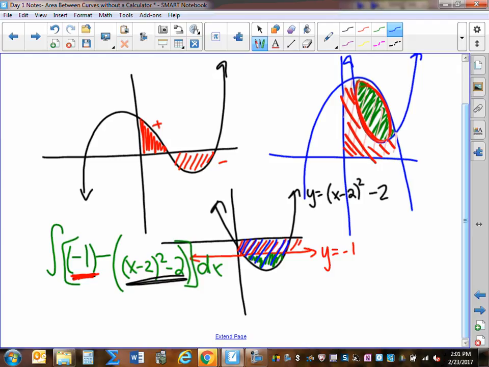But since we are subtracting that area, minus the negative gives us a positive area. So this is positive, but then this piece that we had above is still negative. So the positive take away that negative, we're left with just this region here, and it ends up being overall positive. So you don't need to worry whether it's above or below the x-axis.